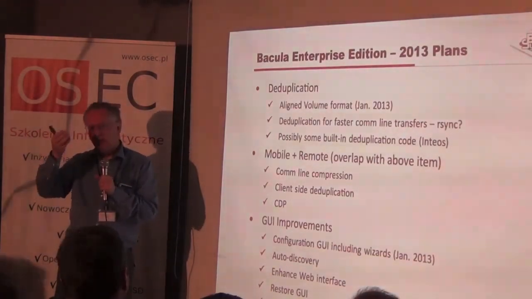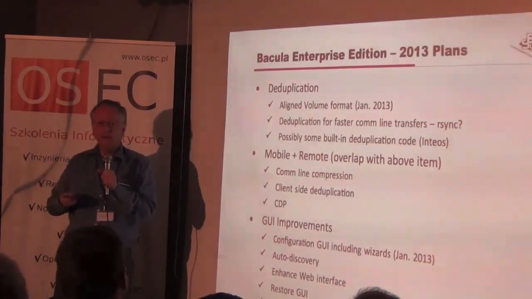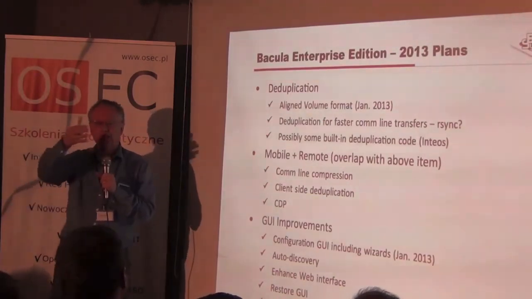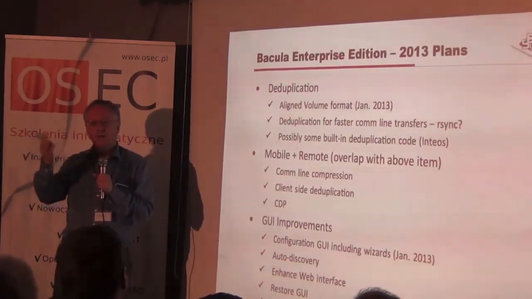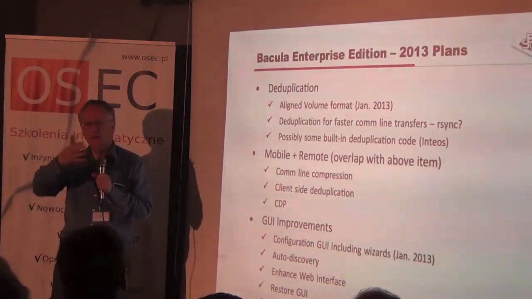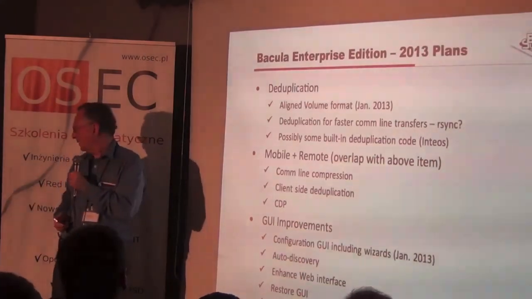Then, depending on what the user, or the sysadmin doing the restore, selects, the plugin will also tell Bacula, I need this and this and this information, or this list of files, or this kind of file, and then Bacula will send it everything it needs. Okay?